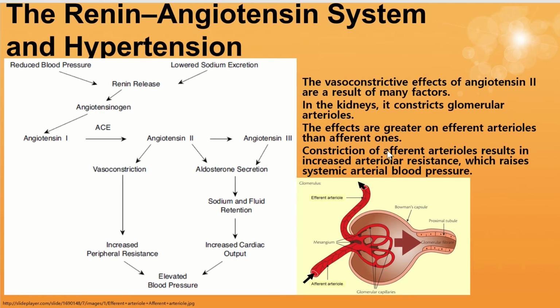So constriction of afferent, that's the one going in, results in increased arteriolar resistance, which raises systemic arterial blood pressure, right? So we're showing how everything is connected, all of the different factors that influence the vasoconstrictive effect of angiotensin 2.